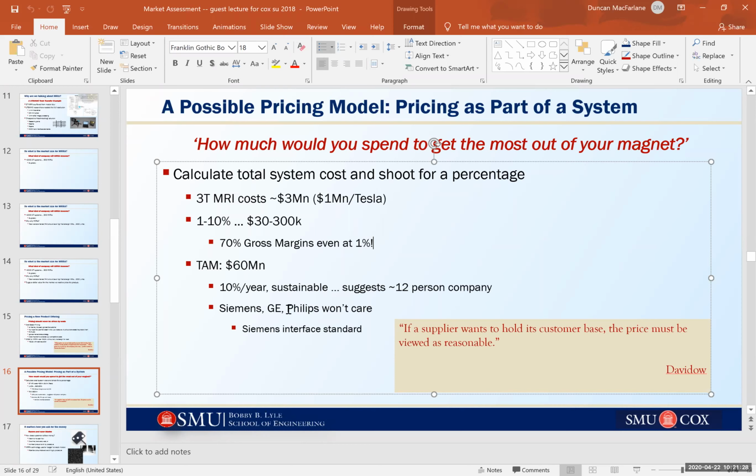The other thing about this from a market perspective is the magnet people, the people that make the machines, couldn't care less. They'll never enter this market because it's completely noise to them. It completely defocuses them, and that's why they started to come up with an interface standard that made it really easy to plug back into the magnet.